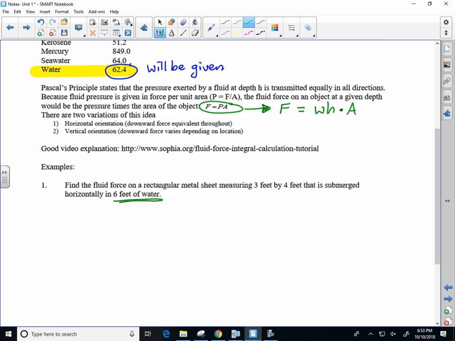So the fluid force, F, would be the weight density, 62.4, multiplied by the depth, multiplied by the area of the object, because that force is being transmitted to all components of the area of that submerged figure. So 12 square feet.